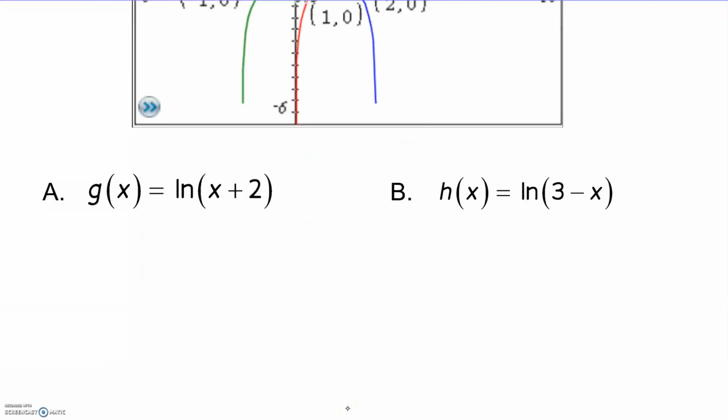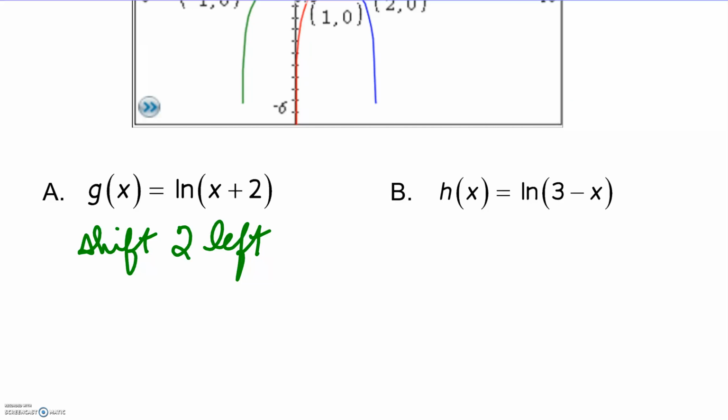So the first one, we've got g of x equals the natural log of x plus 2. And so that is just taking the natural log graph, and if you add 2 to the x, we should be very familiar with this by now, that just shifts it 2 to the left.